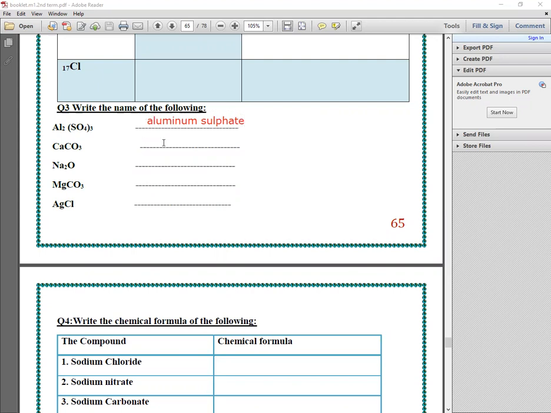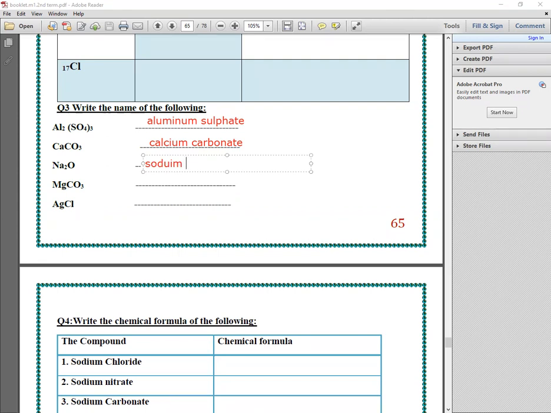Number 2, CaCO3. Ca is the symbol of calcium. CO3 is the atomic group called carbonate. So CaCO3 is calcium carbonate. Number 3, Na2O. Na is the symbol of sodium, and O is oxide.